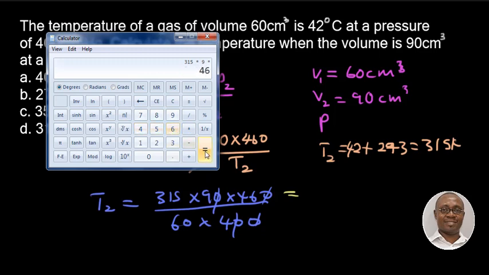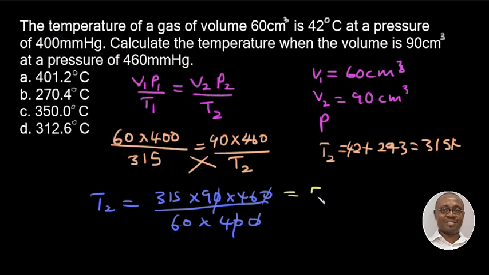And this is to be divided by 60 times 4, that's 240. So we divide that by 240. We have 543.375 Kelvin. But we need to convert it back to degrees Celsius because that is exactly what we have as the options.